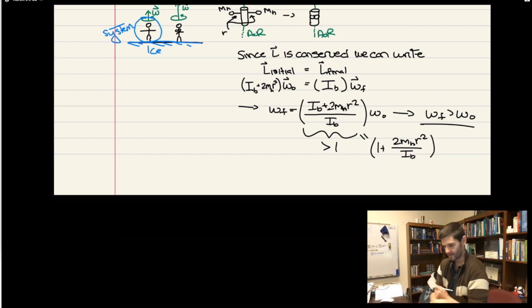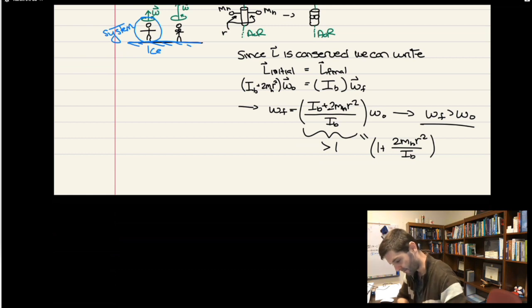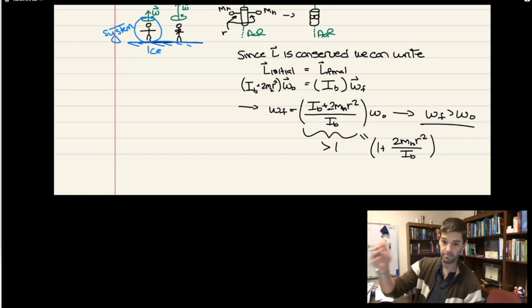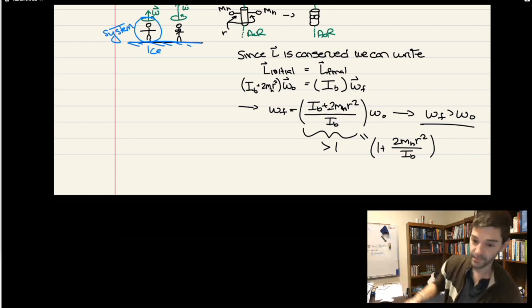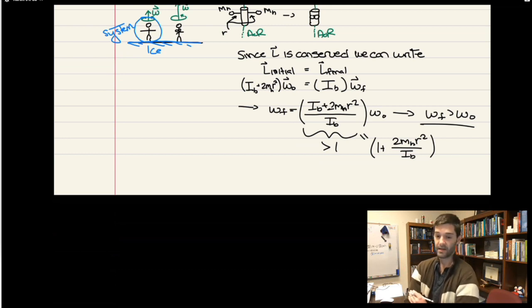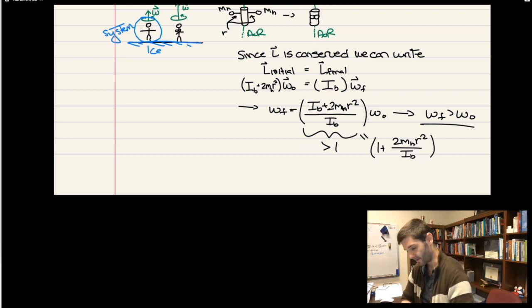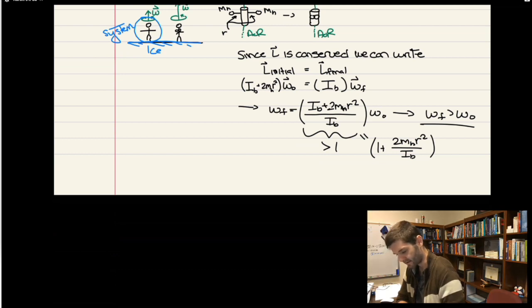You could also write that parenthetical expression as 1 plus 2m hand r squared divided by I body. So it is 1 plus something. I don't know what that something is because I didn't give you any numbers. But I do know that this is greater than 1. Which therefore implies that omega final is greater than omega initial.